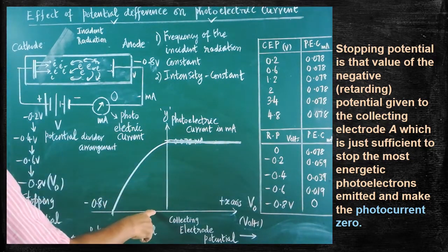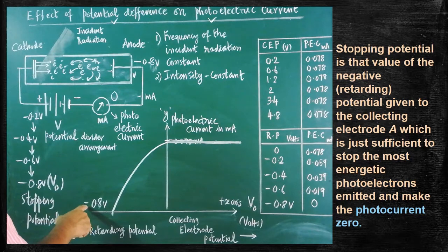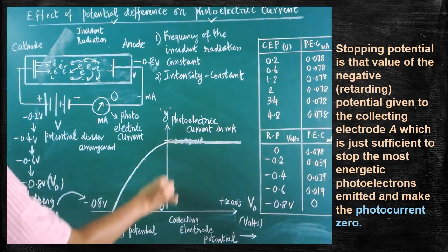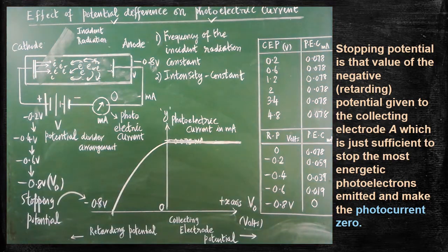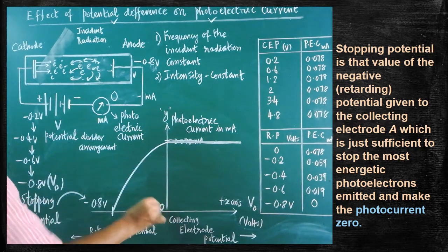Here minus 2, minus 4, minus 6 are marked. This is the 0.8 volt. So when the stopping potential of minus 0.8 volt is reached, what is the photoelectric current value? The photoelectric current value becomes 0. Make a note, very important. So at a particular potential, the photoelectric current becomes 0.